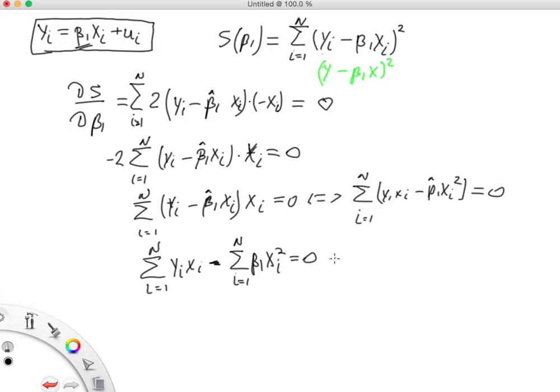Now here beta 1 hat is a constant, so it comes out of this summation operator, since it's an unknown constant and is not governed by the index i, so it will be out of the summation operator.